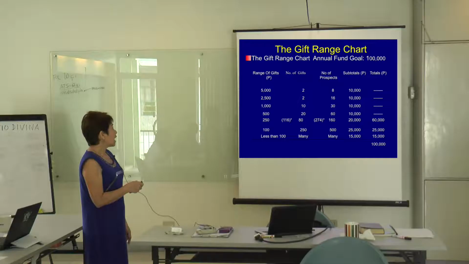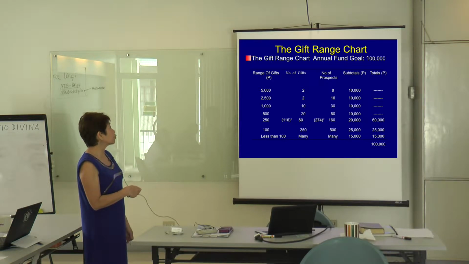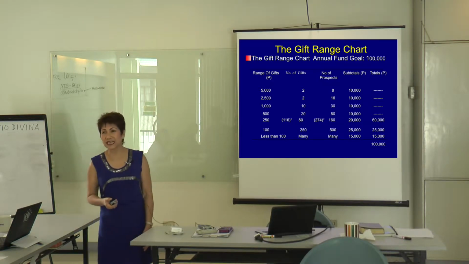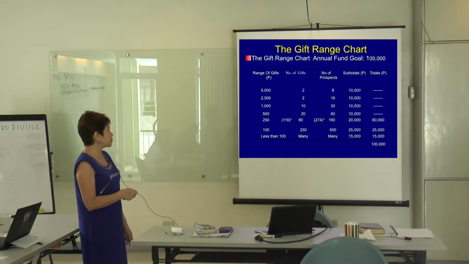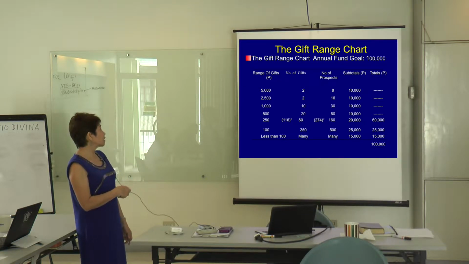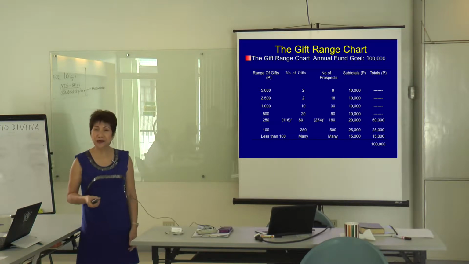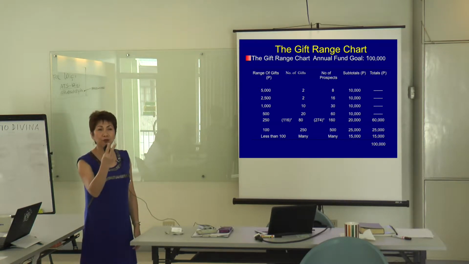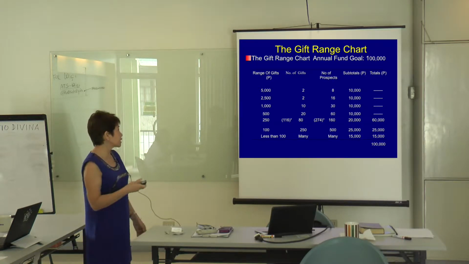Now, how many prospects do you need in order to get 2 people giving 5,000 each? You need 8 prospects. And then, so on down the line. The next quality gift is 2,500. You only need 2 people giving 2,500 each for a total of 5,000.